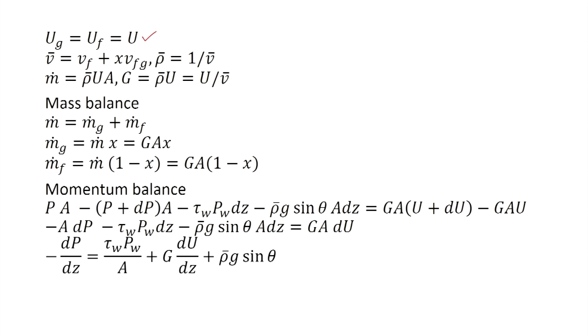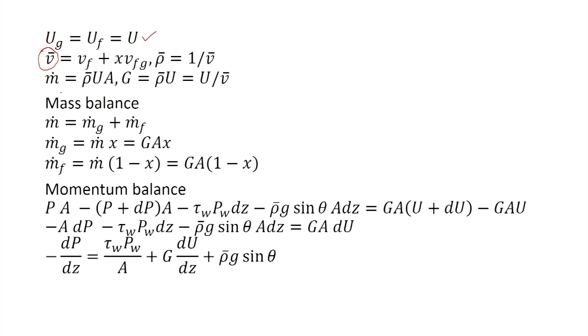The weighted average properties are as follows. The v bar denotes the specific volume of the mixture, and v bar is equal to vf plus x vfg, and rho bar is the density of the mixture, which is the reciprocal of v bar.